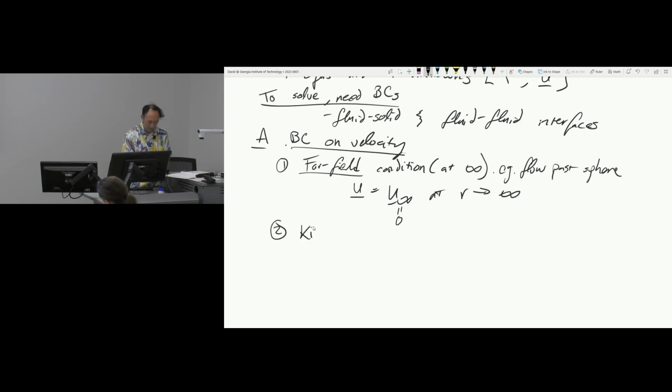All right, if any of you are going to study waves, these two conditions are going to be important. One's called the kinematic condition.